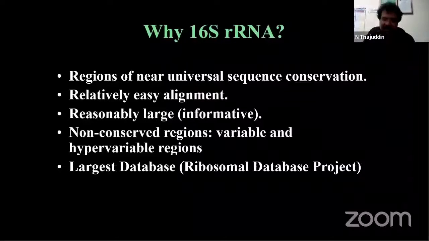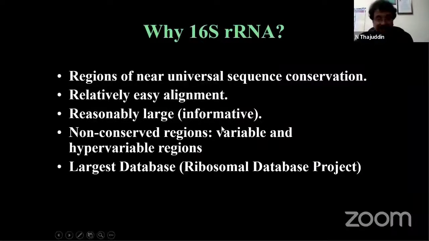In between, some variable regions are there, so it reflects up to the strain level differentiation. The length of the 16S rRNA is around 1,500 to 1,600 nucleotides. It is very easily aligned. When you are making the phylogenetic tree, alignment is easy, and it is very informative.